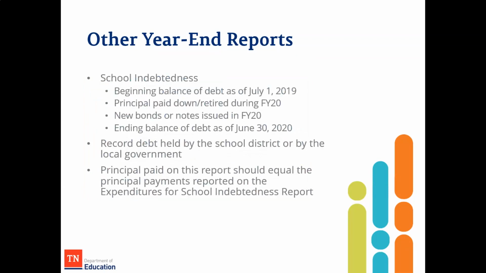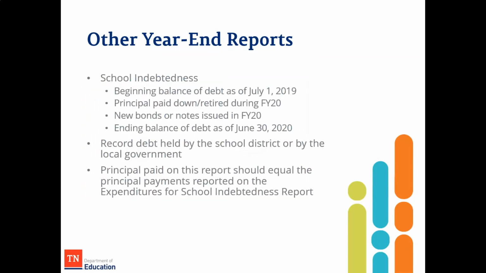Now, the third year-end report is school indebtedness. What applies here is you put the beginning balance of debt as of July 1, 2019. What was your debt balance as of July 1, 2019?